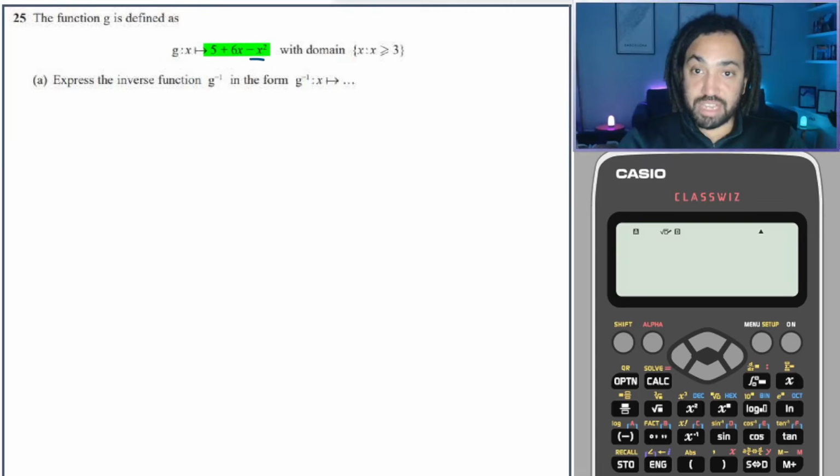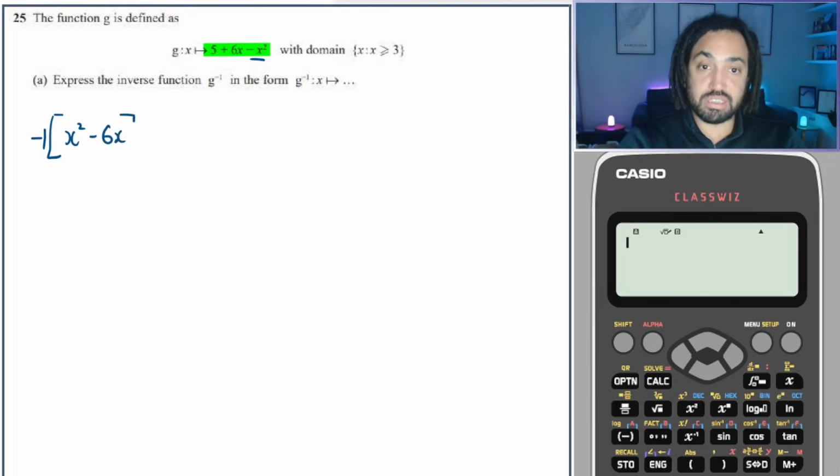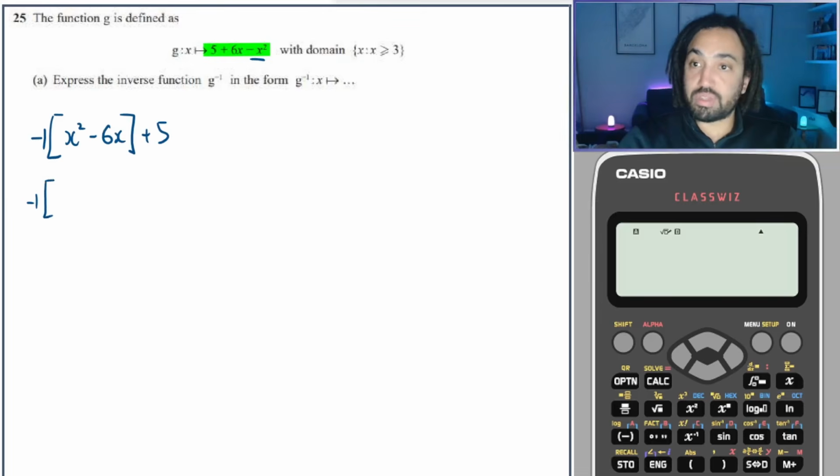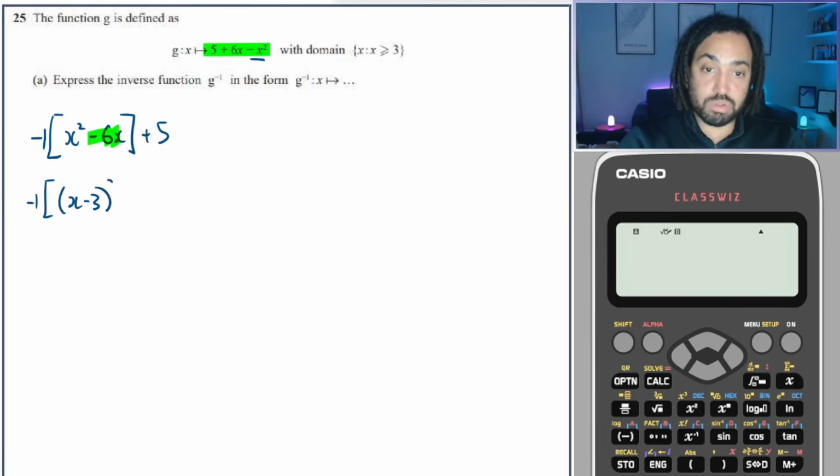We've got a negative x squared there, so I'm going to write minus 1 outside of the big brackets, x squared, and then minus 6x, and then this plus 5 is going to stay outside the brackets. I take the x term, in this case minus 6, and I half it, so I get x minus 3 all squared, and I always take away that term again, minus 3 squared.